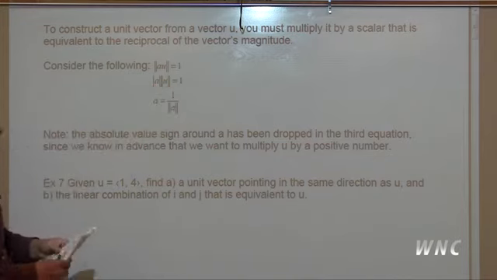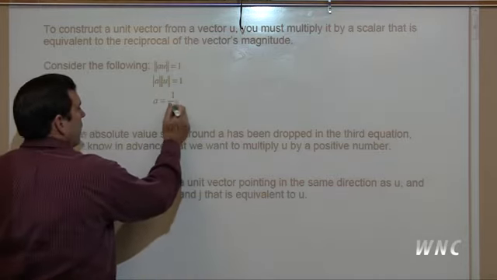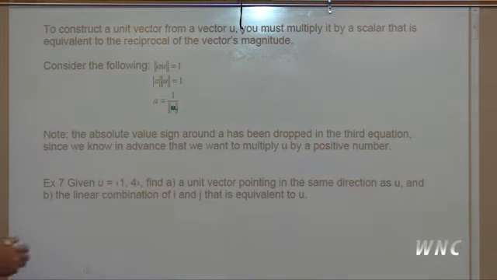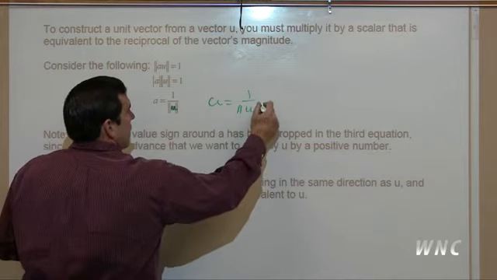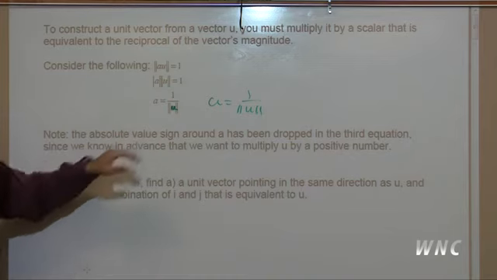So I should say a equals 1 over the magnitude of u. If you multiply your vector by that, you'll end up with a unit vector. Note the absolute value sign around the a has been dropped in the third equation, since we know in advance that we want to multiply u by a positive number. And this is going to be positive.